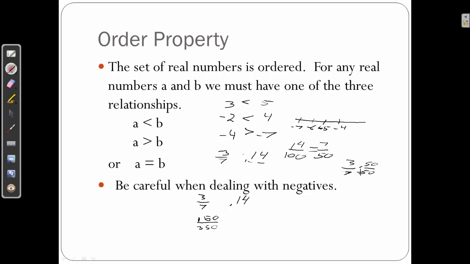And then, let's see, to convert 7/50ths to 350ths, I'd have to multiply that by 7 on top and bottom. So that would be 49 over 350. And then clearly 150 is bigger than 49, so it flows this way. So 3/7 is larger than 0.14.